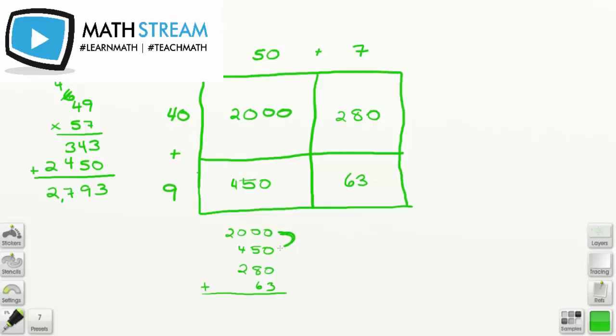Notice that 2,000 and 450, if I were to add those together, what I get is this number over here on the left in the traditional model, the bottom row of the add-ins we have here, 2,450. Where did that number come from? Well, actually, it came from these two small rectangles, the 2,000 and the 450, those areas, 40 times 50 and 9 times 50. That's where those numbers came from. They're the same number.